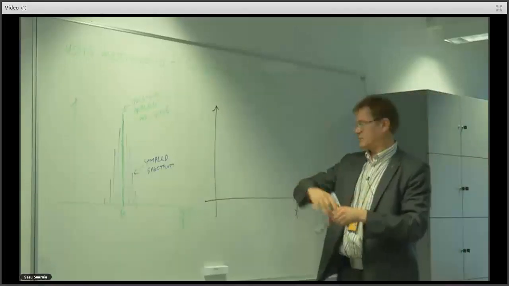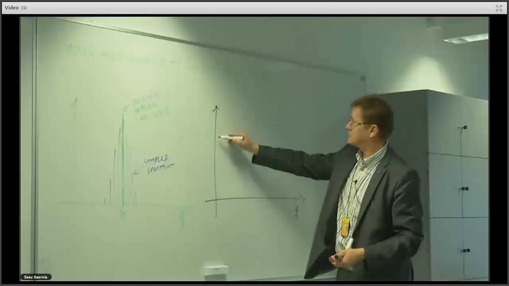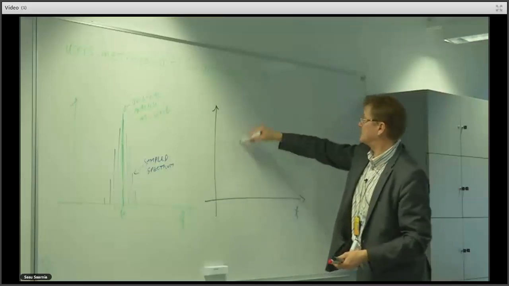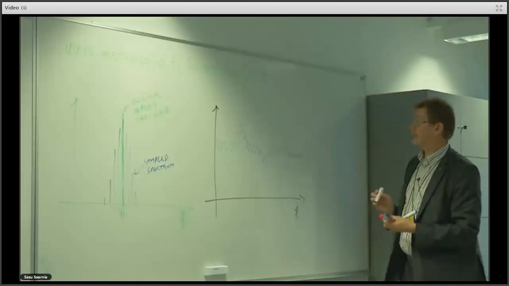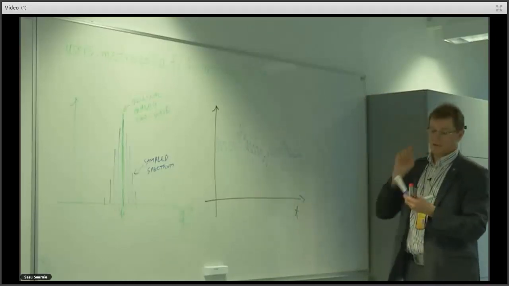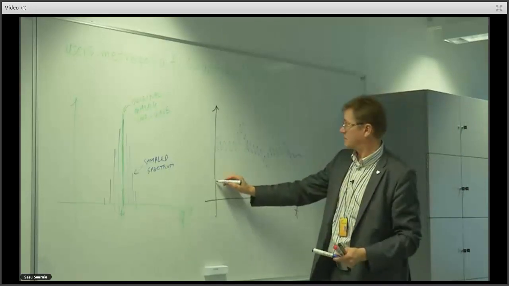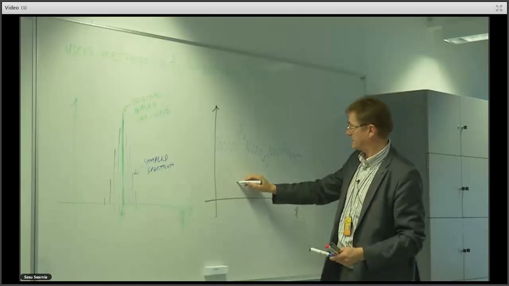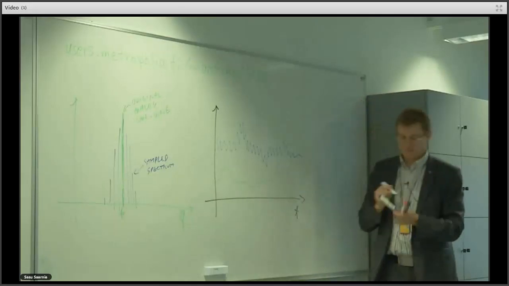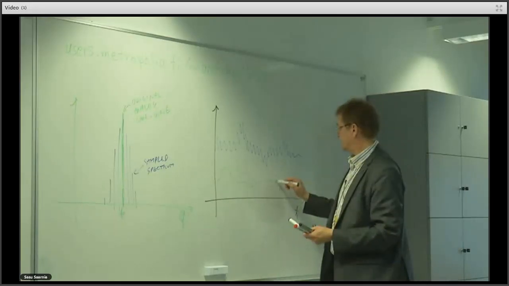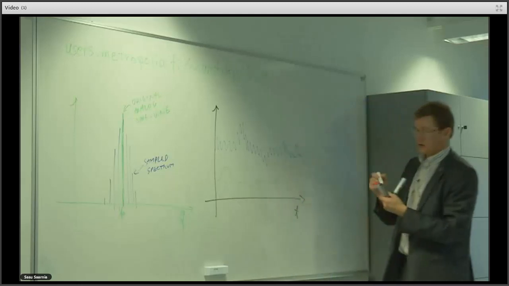For example, if we have measured a kind of noisy signal like that, and we want to know in which location we could find that kind of feature. So this is, for example, our y, and this was x.